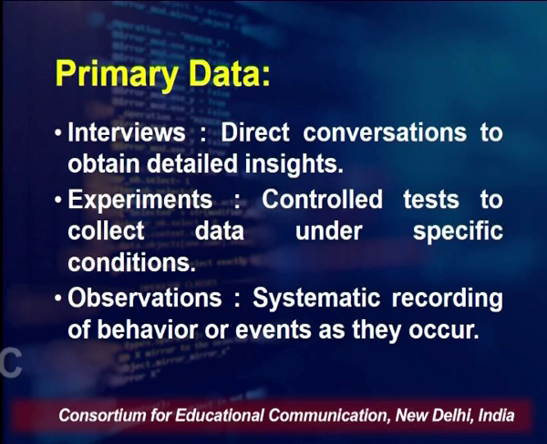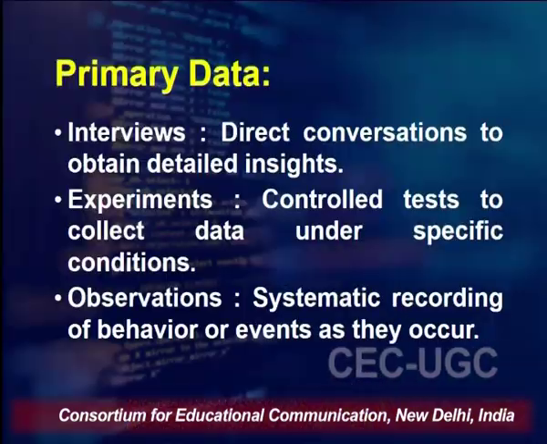Then, particularly in the case of scientific data collection, experiments are the primary basis of collecting data. We have some controlled tests to collect the data under a specific set of conditions. So, in the scientific realm, experiments are the main pillar of providing us with primary data.